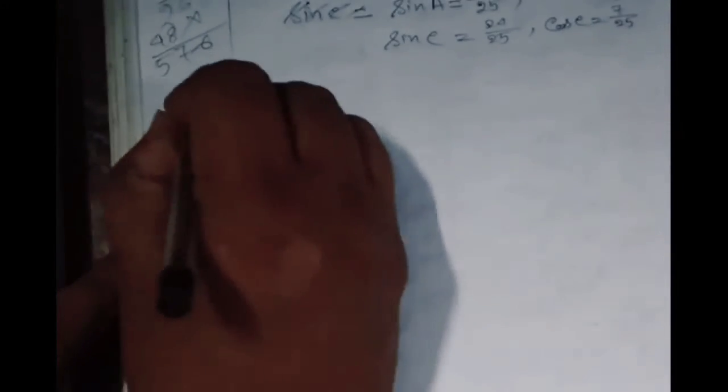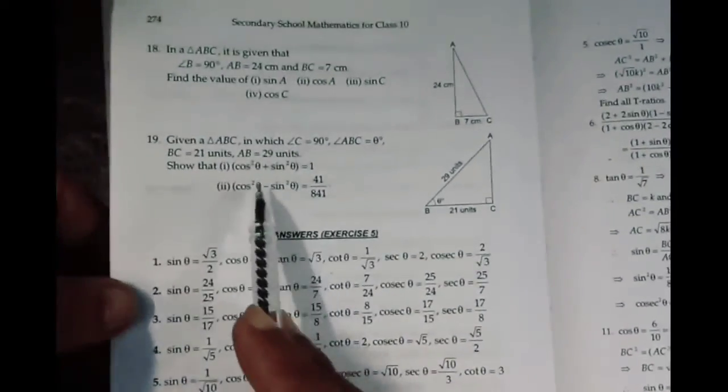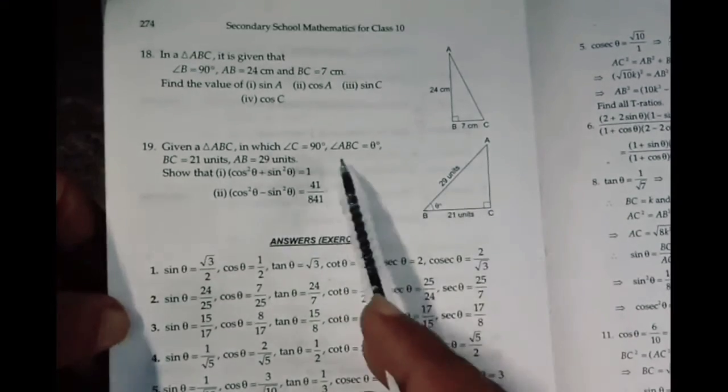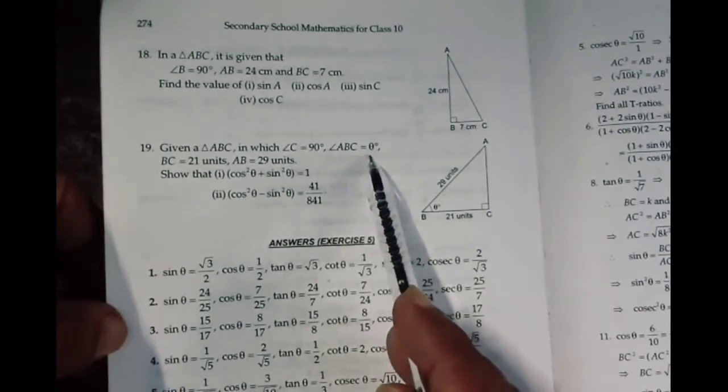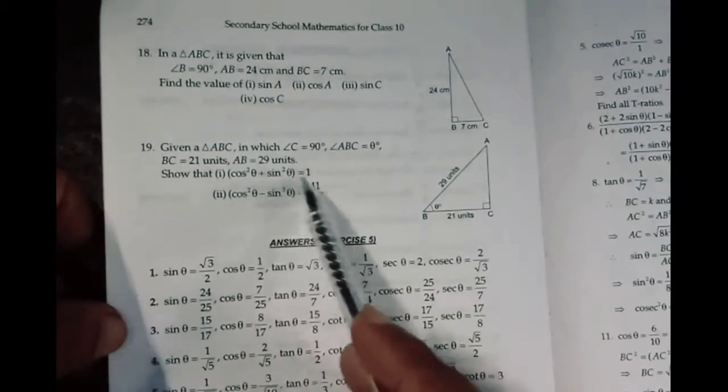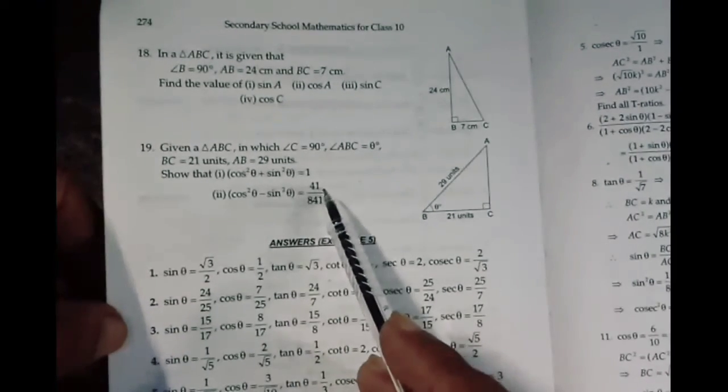Next, move to question number 19. Now it is given that in triangle ABC, this is right angle, and angle A is equal to theta, BC is equal to 21 unit, AB is equal to 29 unit, so that cos square theta plus sin square theta is equal to 1 and cos square theta minus sin square theta is equal to 41 by 841. Okay.